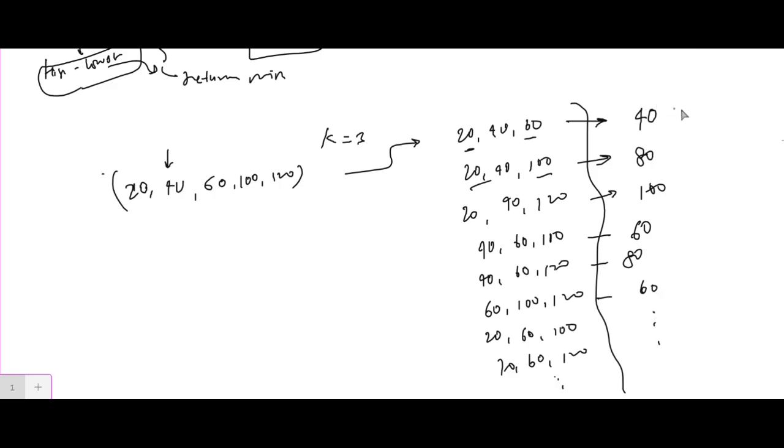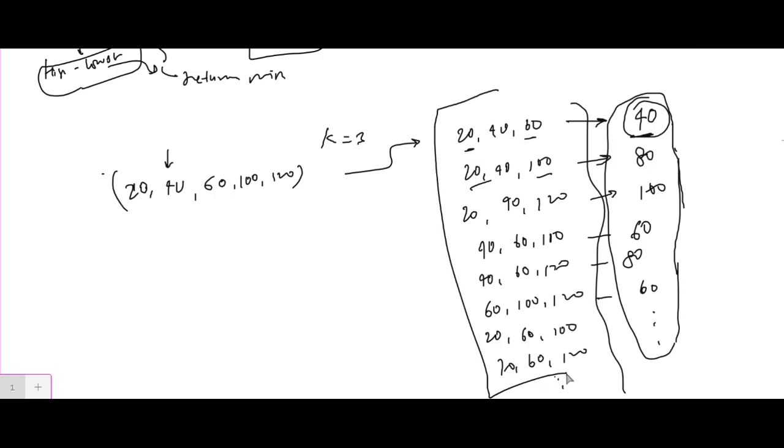We will find the minimum of all these maximum minus minimum differences, and return that number. So we are creating subarrays of length k, and from all of them finding the difference between the maximum and minimum.